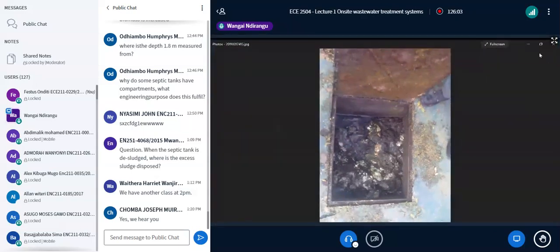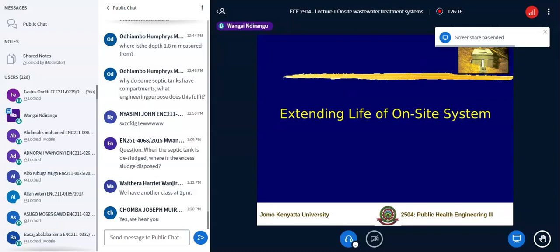This thing is frustrating me because now I have to keep stopping to share and all that. I'm trying to play the slides, but the slides are not behaving well. Let me see what I can do.